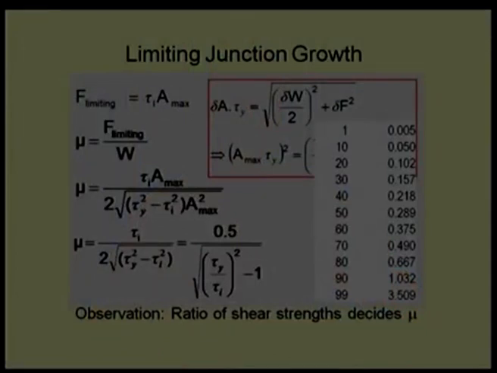So, we can interpret our result, this tabular result, in such a manner: the ratio of shear strengths decides mu. It is not an absolute value of tau i or tau y that decides the coefficient of friction due to adhesion, but it is a ratio which decides.